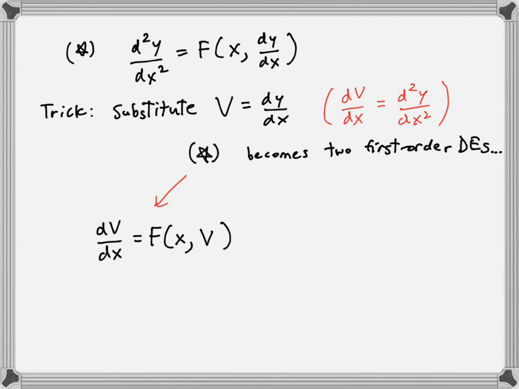So that's a first order differential equation, isn't it? Okay, so this is our first differential equation. And then our second differential equation is literally the substitution. So dy dx is equal to v.